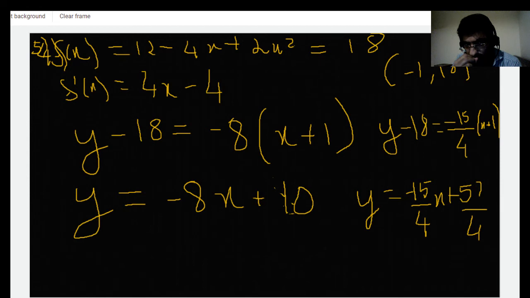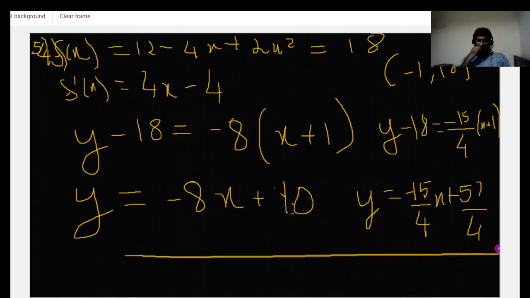Okay, and so then, both of these are the answers to find the equation of the tangent and normal. If you want me to give it in the other form, I can give it also as 15x plus 4y minus 57.